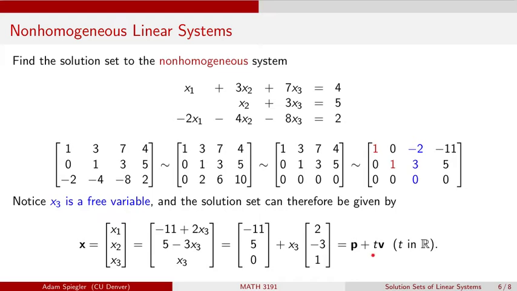Rather than x3 here, I use the variable t. My vector p is the vector of constants, minus 11, 5, 0, and the vector v is 2, minus 3, 1. So here's the parametric vector form of this solution.